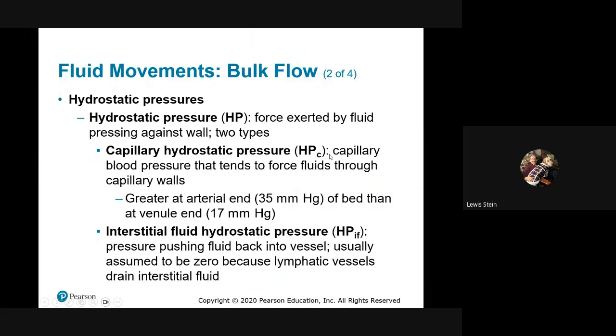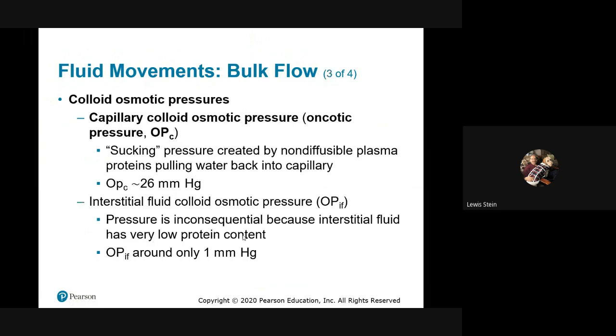The hydrostatic pressure forcing fluids out at the arterial end is 35. But by the time you get to the end of a typical capillary bed, it's cut in half. Is there some fluid in the interstitial fluid that's pushing back? Sure. But it's nominal, maybe a millimeter of mercury.